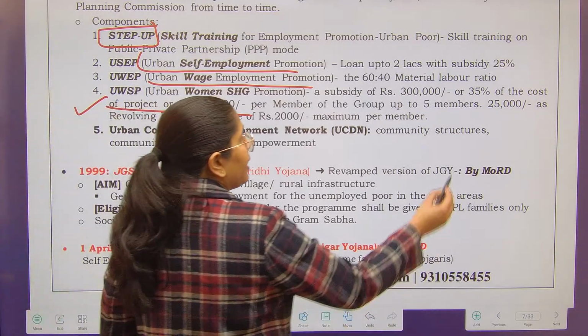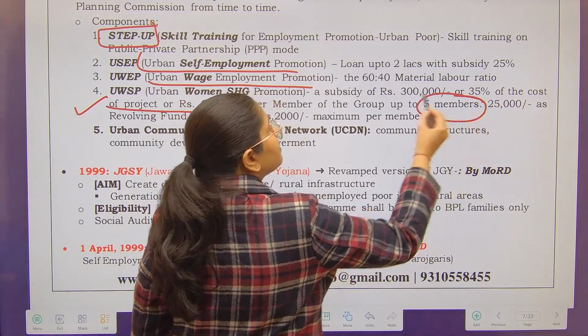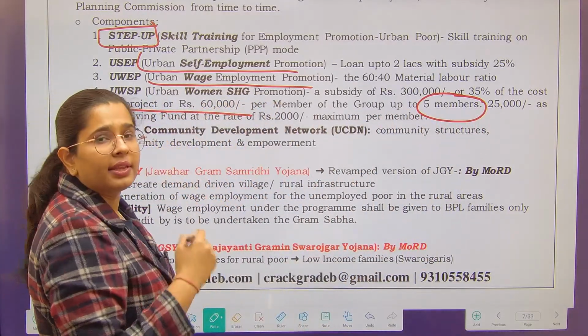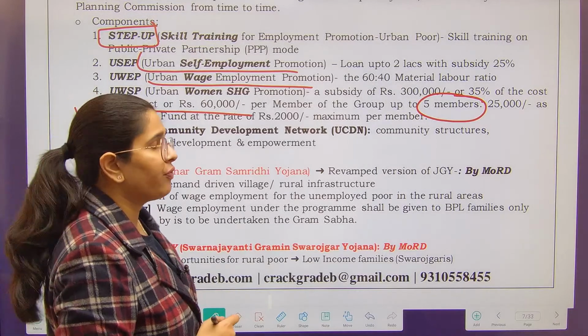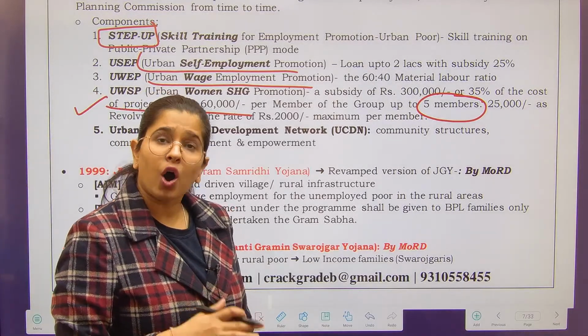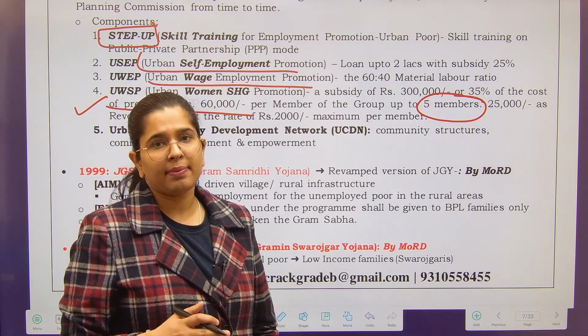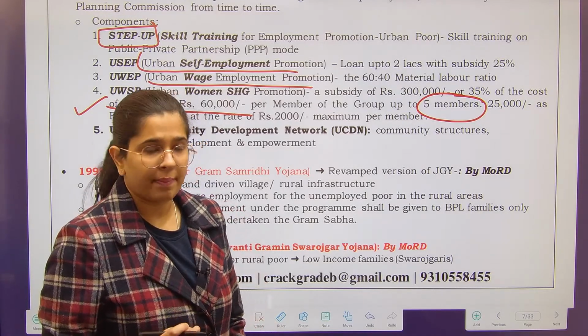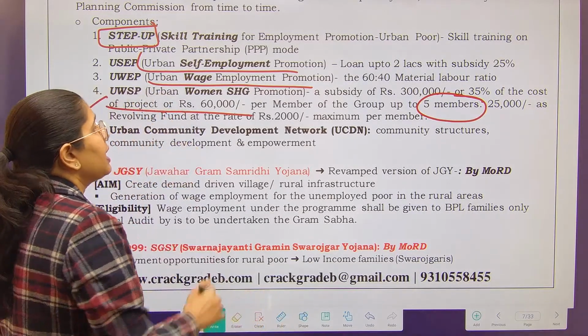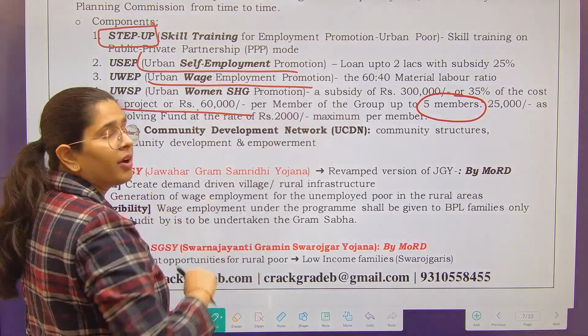That means they imposed a limit as well. Then three types of things have been given, either 3 lakh rupees or 35% cost of project or 60,000 multiplied by up to 5 members, whichever is less. 60,000 multiplied by 5.